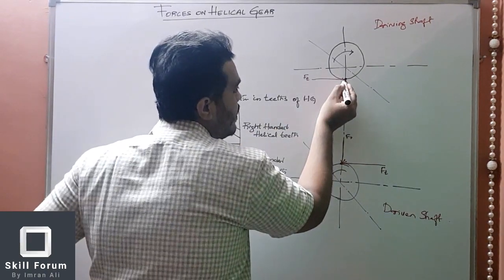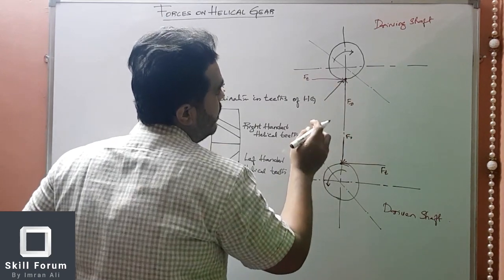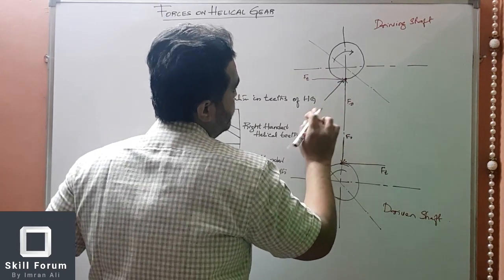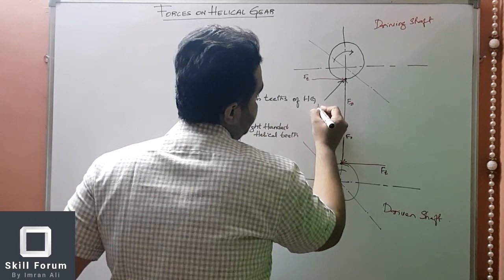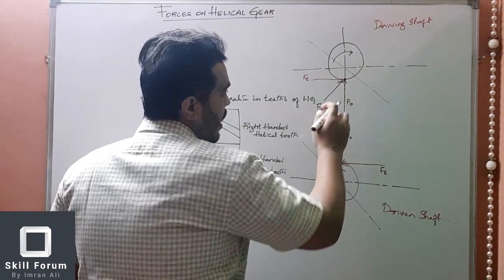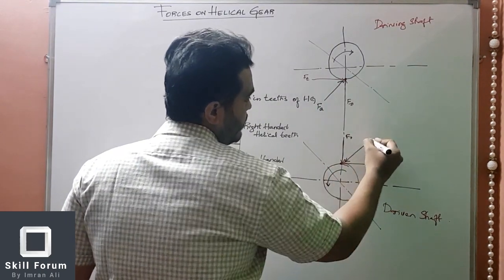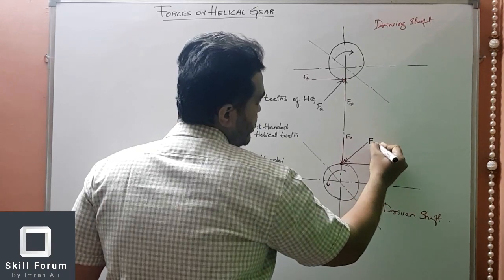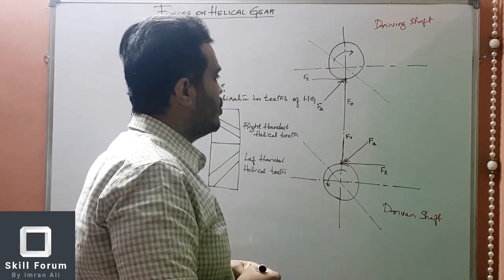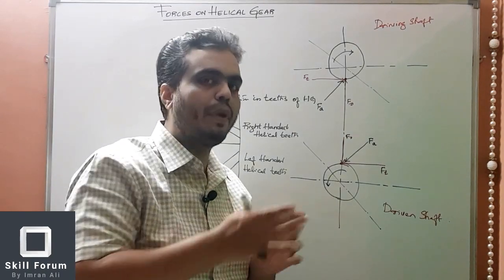So this is an axial force. Got it? And then the axial force on the other shaft will be in the opposite direction. So this is how you need to define the axial force by using this method.